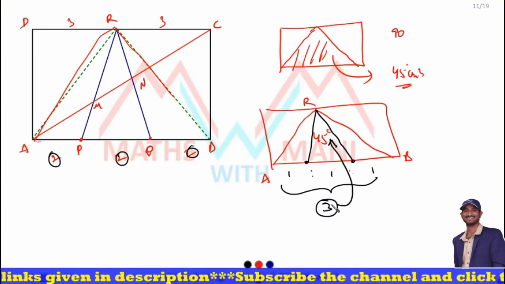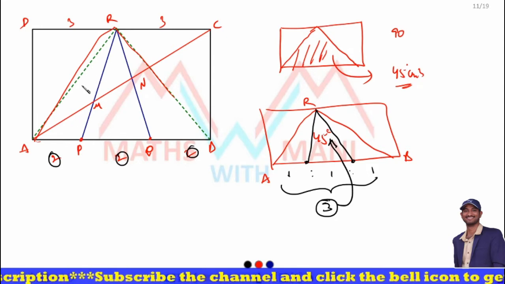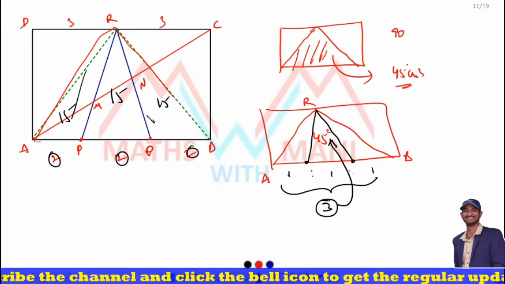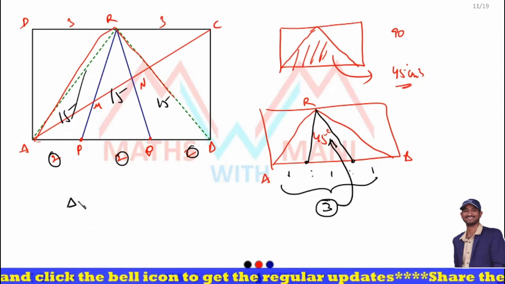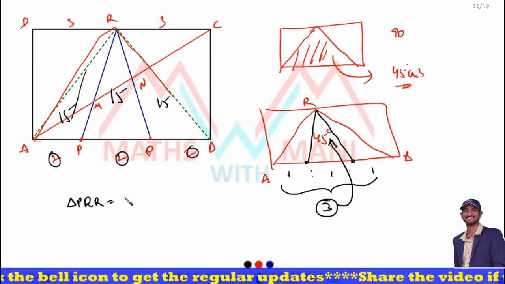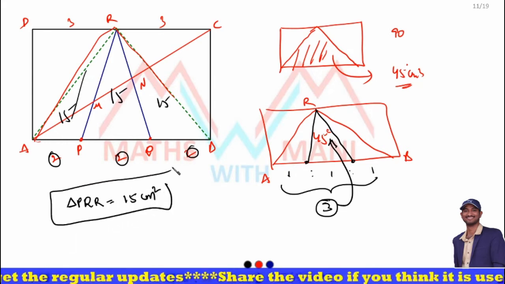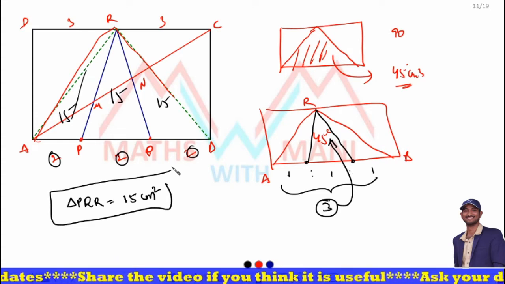Then what about each part? 3 parts is 45, so 1 part is 15. It is 15 and it is 15. Yes or no? So finally, I can tell you the area of triangle PQR is 15. PQR triangle is 15 centimeter square. Clear?